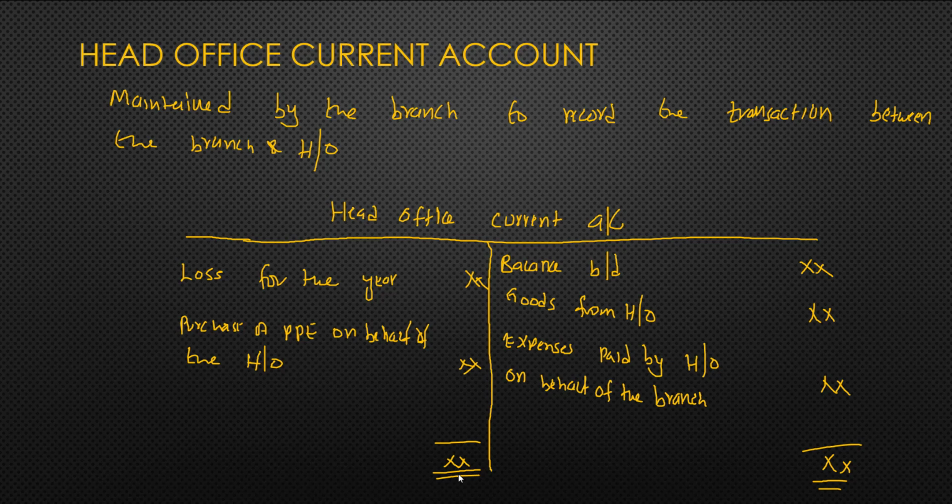Now recall that the balance in the branch current account should be equal and opposite to the balance in the head office current account. This balance here, balance carried down, where did I indicate mine? Okay, it should be here.